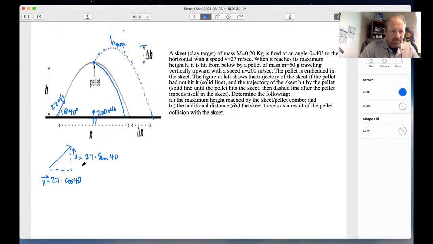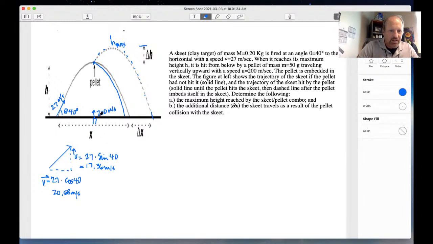So the vertical initial speed is equal to 17.36 meters per second, and down here, the horizontal speed is equal to 20.68 meters per second. Now, both of these are going to be valuable at different parts of the solution, but we need them both. So this 17.36 will help us get to the height.